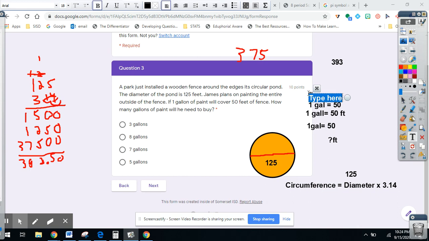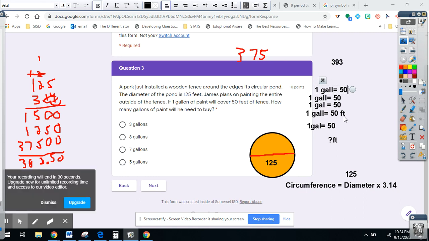Then I'll have to do another gallon. 1 gallon is another 50 feet. That gives me 4 gallons. 4 gallons gives me 200 feet. 1 gallon is going to equal another 50 feet. So now I'm at 250. I need to get to 393.